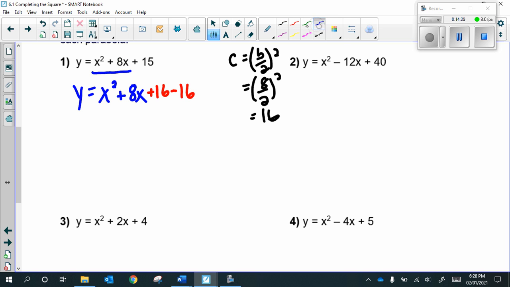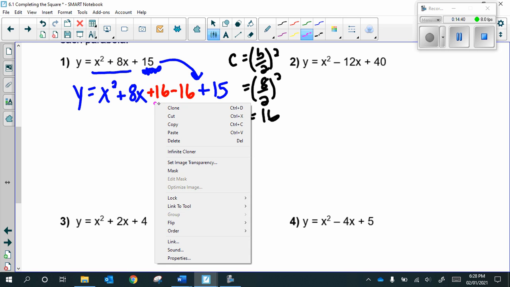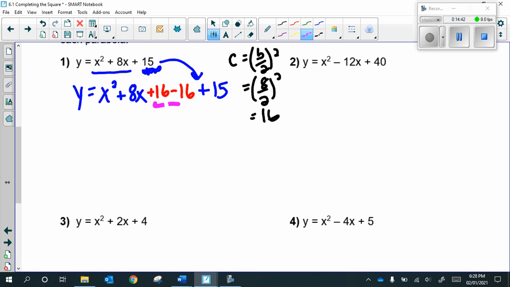Now, I still need this 15 here, so I'm going to write down the plus 15 on the end. So because I added the 16 and then subtracted the 16, I actually didn't change the equation at all. It's still the same equation because really you're just adding 0.